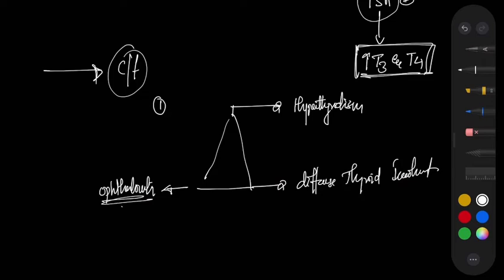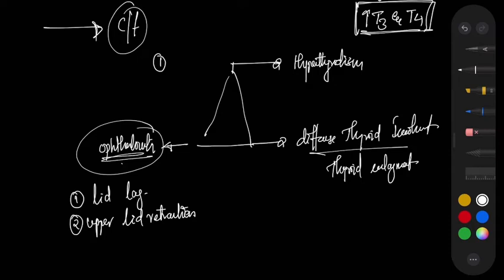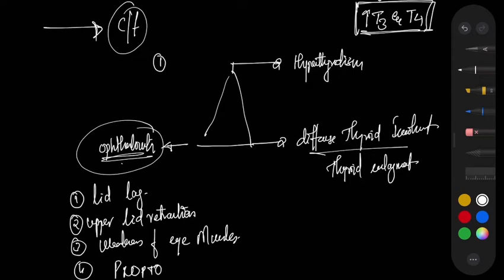Diffuse thyroid involvement was your thyroid enlargement. Now coming to ophthalmopathy, these are the features we see: lid lag, upper lid retraction, weakness of the eye muscles, and proptosis. These were the ocular abnormalities.